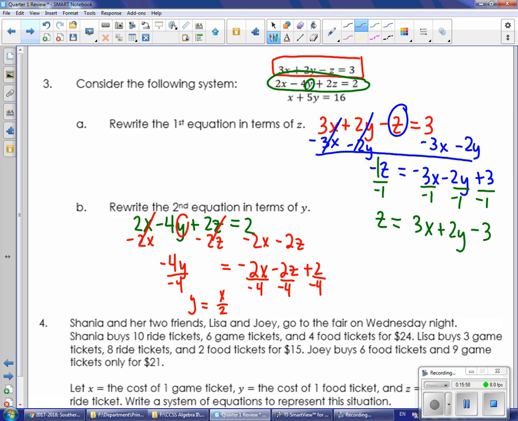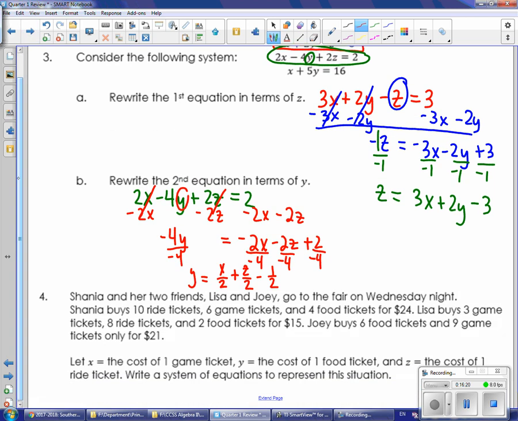The same is going to happen to the coefficient of z. Negative 2 divided by negative 4 is 1/2, or z over 2. And then the last term is 2 divided by negative 4, so that's ultimately going to reduce to a negative 1/2. And that would be writing the second equation in terms of y. So it is important that you can manipulate equations and move the terms around using your inverse operations.